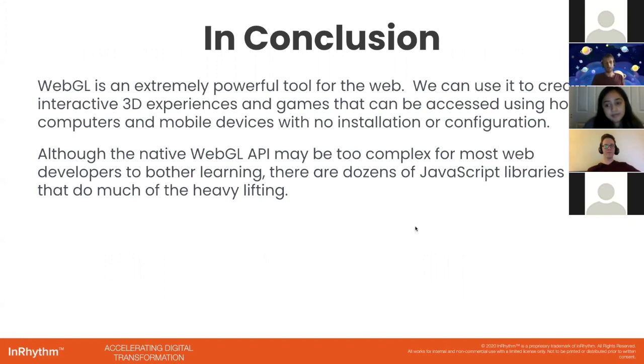I really think the API is too complex to be worth learning for the majority of JavaScript engineers. But if you're really into graphics and 3D and you work with 3D models, I think it would be very rewarding to learn. I myself am going to stick with Three.js and other libraries to do the heavy lifting.